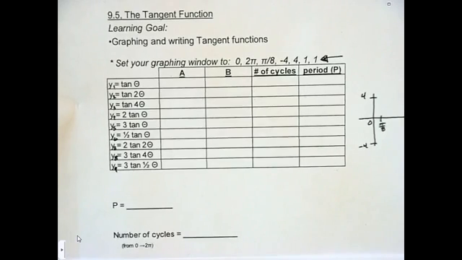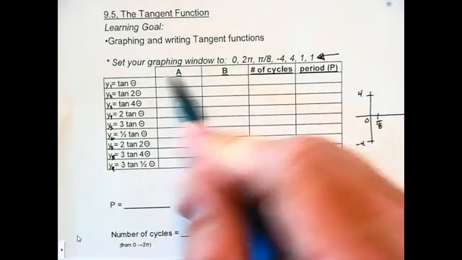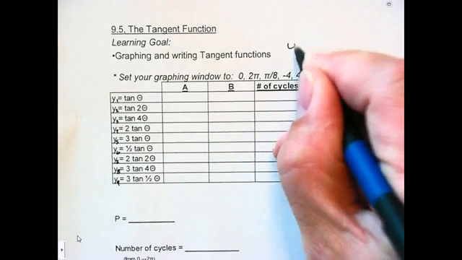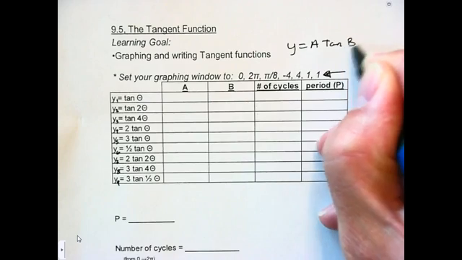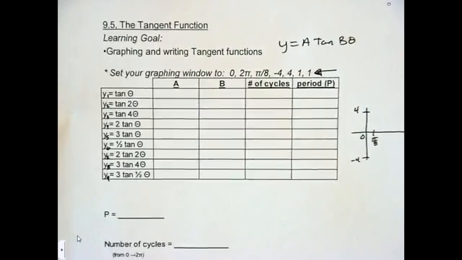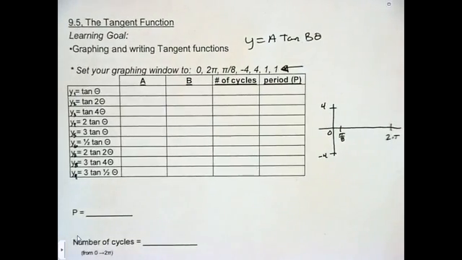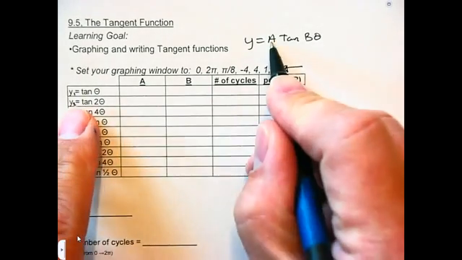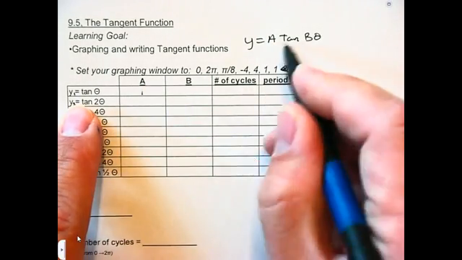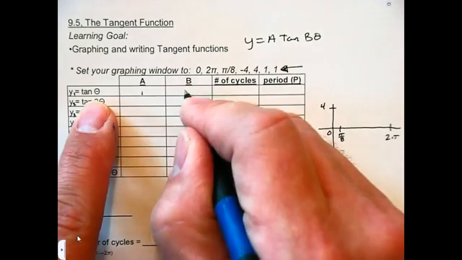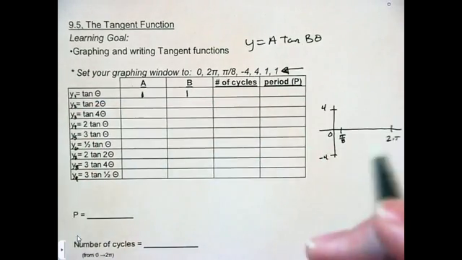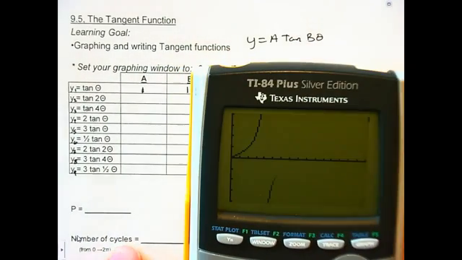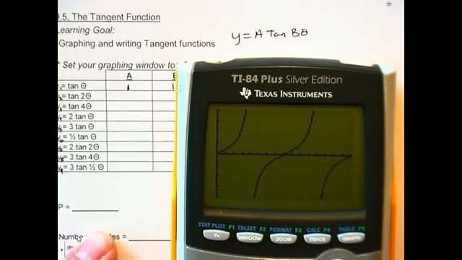Alright, so if I'm dealing with this, we're still in the form of y equals a tan b theta. And so when I'm looking at these different things, we would say a in this one is 1, b is 1. The number of cycles, however, when we actually graph that, that's 1 cycle, and there's our second cycle.